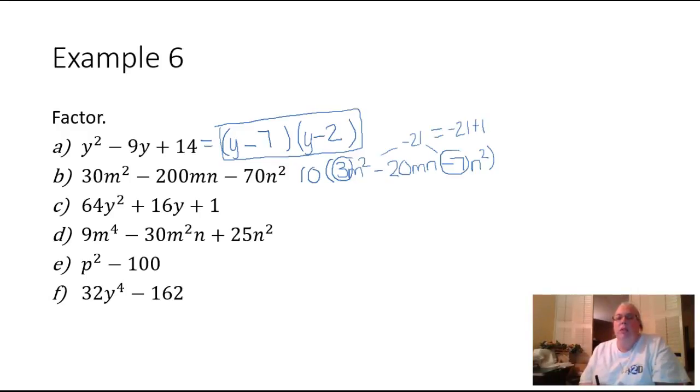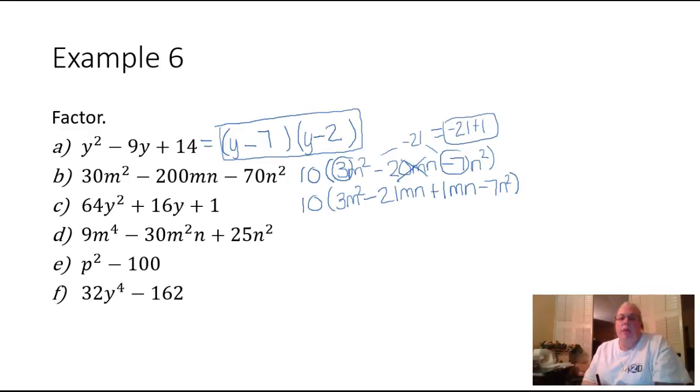Negative 21 times 1 is negative 21. Negative 21 plus 1 is negative 20. So this problem will actually turn into 10 times 3m squared minus 21mn plus 1mn minus 7m squared. So notice what I did. I took the 20 out and I put in the negative 21 plus 1 in its place.